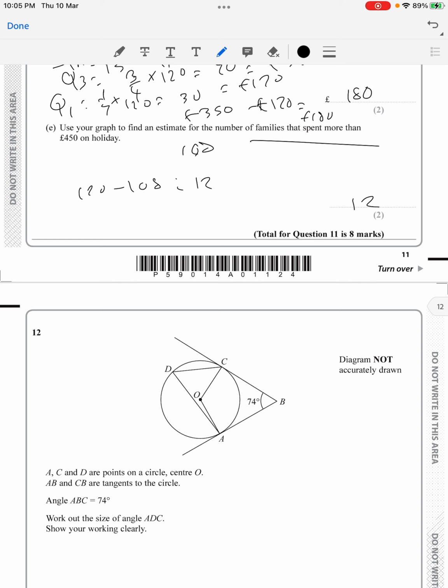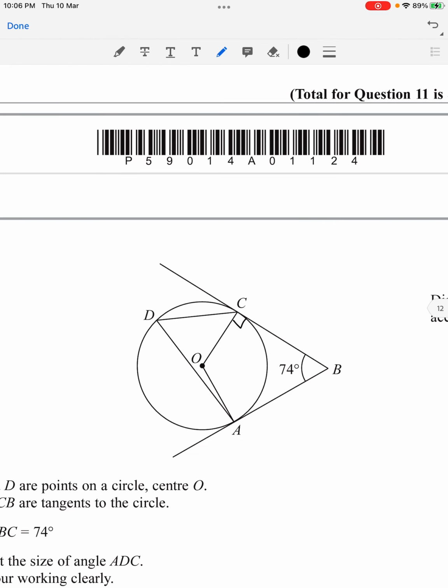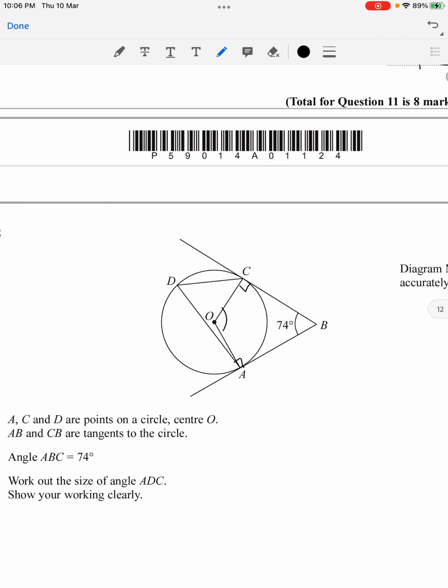Next question is: A, C, and D are points on a circle, center O. A, B, and C, B are tangents. So that's pretty awesome. We know that angle OCB is going to be 90 degrees and angle OAB is going to be 90 degrees. You can easily find angle COA, which is just 360 minus whatever those add together to.